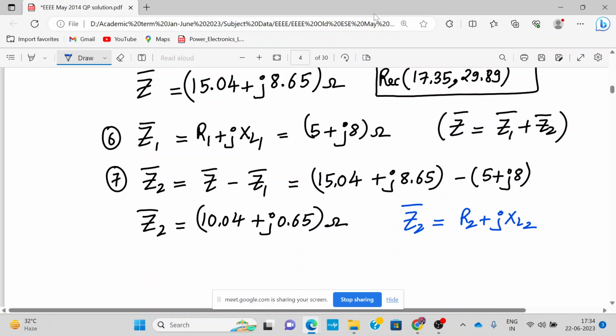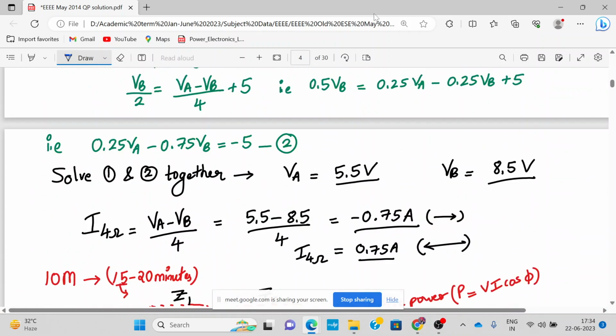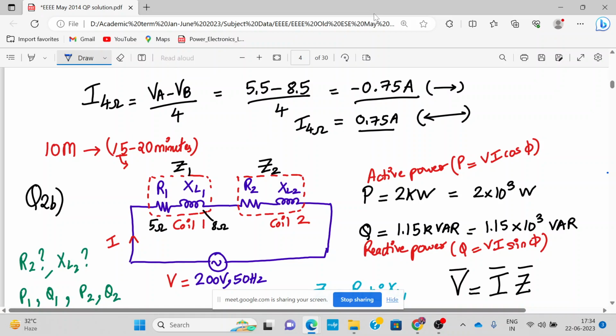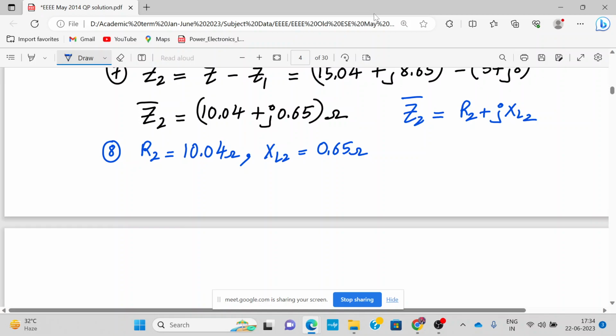So can you tell me what is R2 from here and how much is XL2? 0.65 ohms. That's the answer. That is what they want. They wanted R2 and XL2. We have found that. Okay. So this is the answer. I hope it is clear to you.